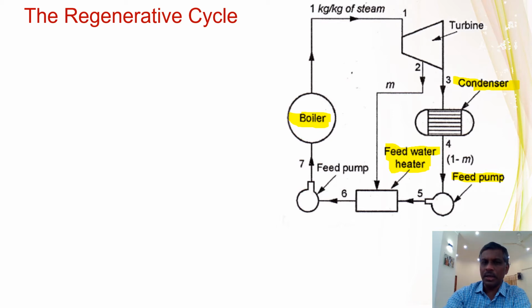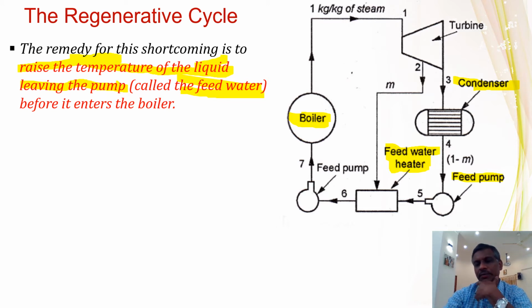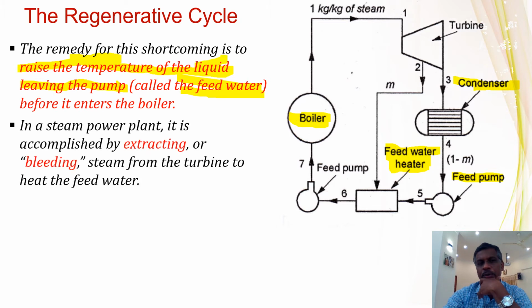Thereby, we can improve the temperature. The concept behind it is to raise the temperature of the liquid leaving the pump, I mean the feed water, before it enters the boiler, so that we can improve the mean temperature of heat addition. If the mean temperature of heat addition is increased, the boiler efficiency, the power plant efficiency will improve.